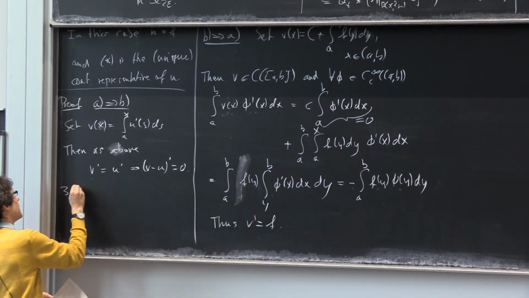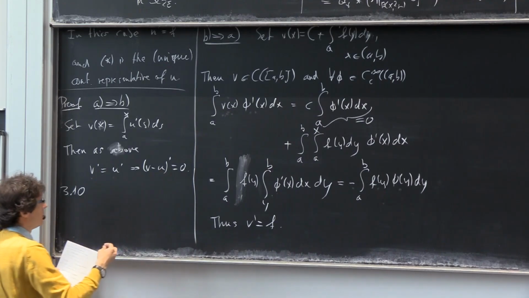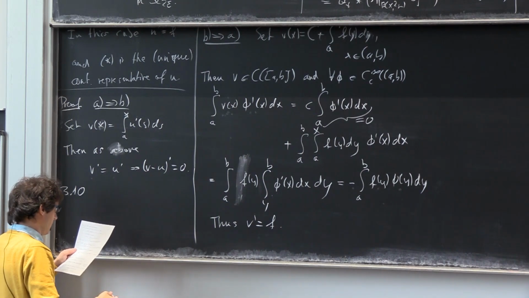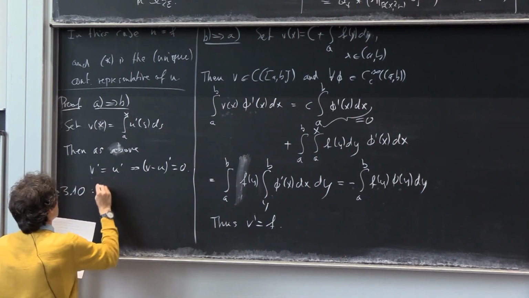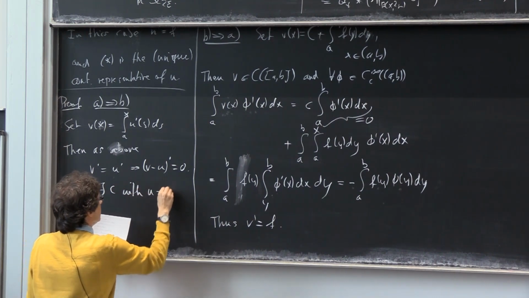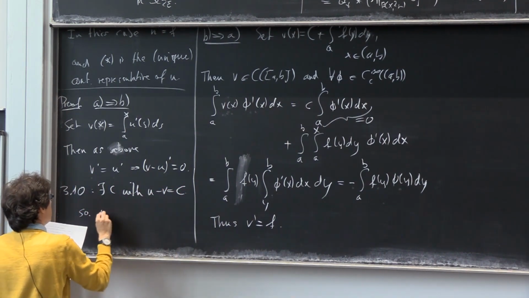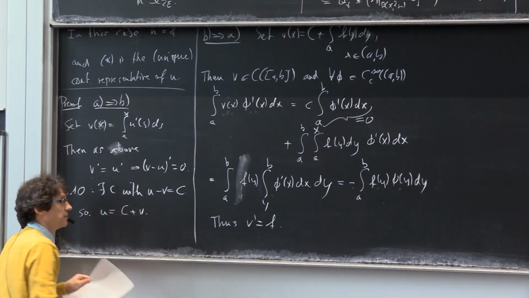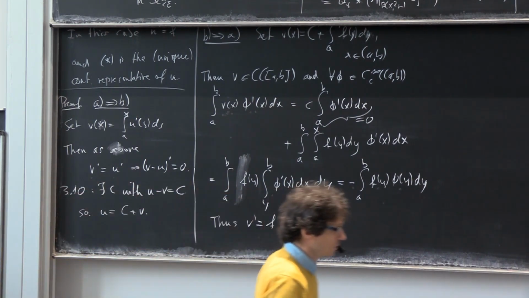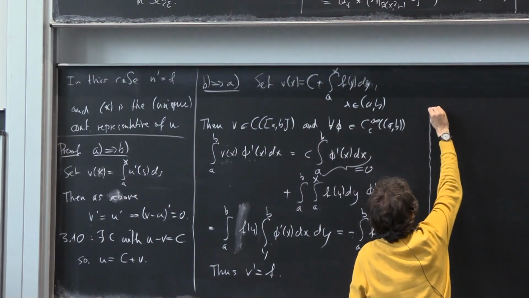And now we can take our result from 20 minutes ago that if you have a weakly differentiable function whose derivative is 0 on a connected set, we are on an interval, then this function is constant. So this tells you there's a constant such that u minus v is constant, and this means that u is given by c plus v, and this is what is to be shown to have b. Okay, this is the fundamental theorem of calculus.